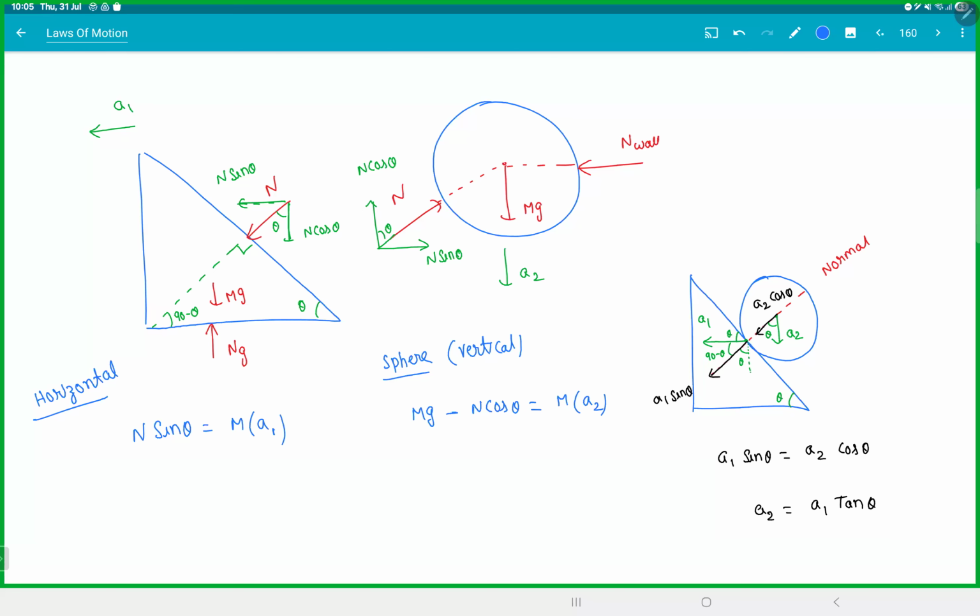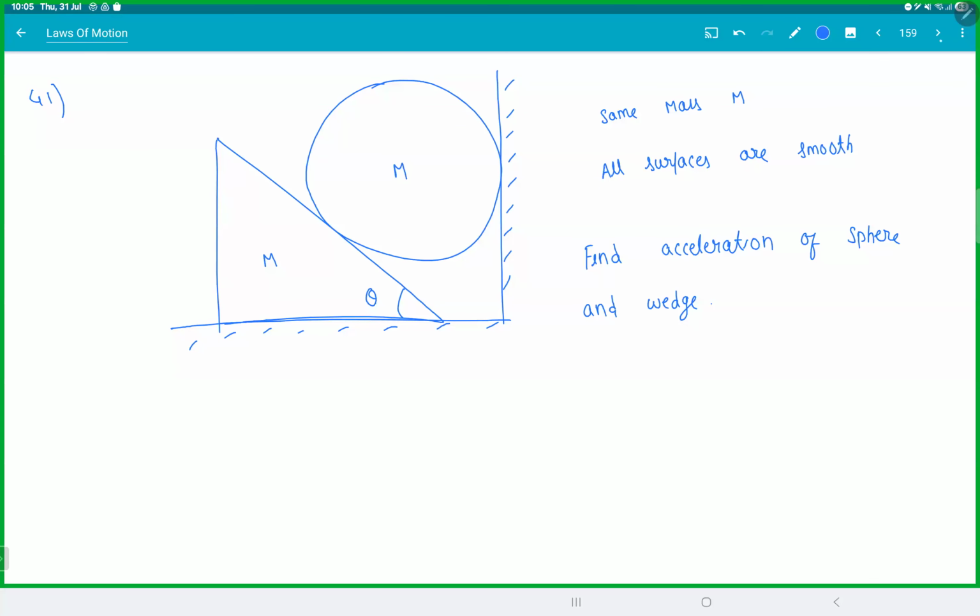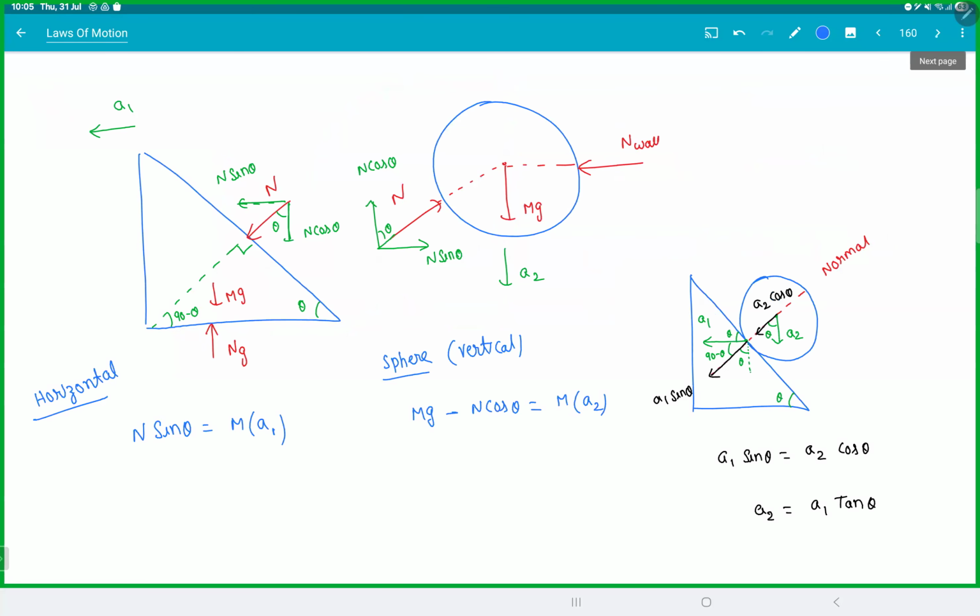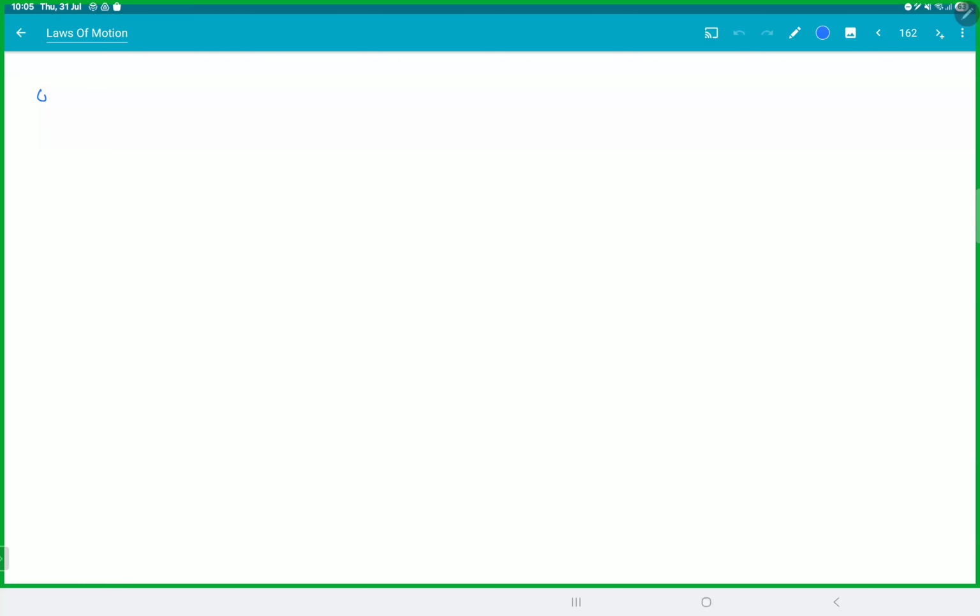Great. Let's see one more. We have a block here of mass 2m. This is theta.